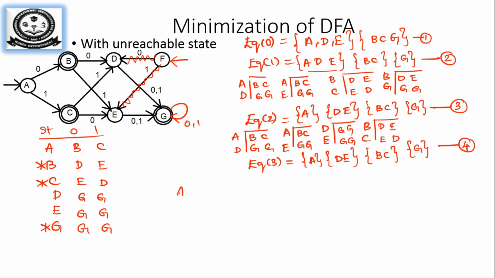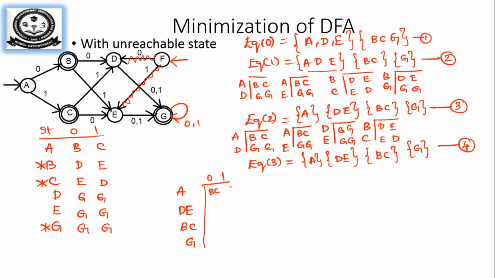So you have a transition table with A, DE, BC and G. Now for A it goes to B. B is in the set BC, so you will write it as BC.